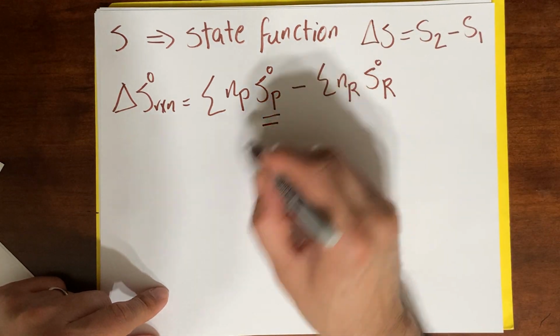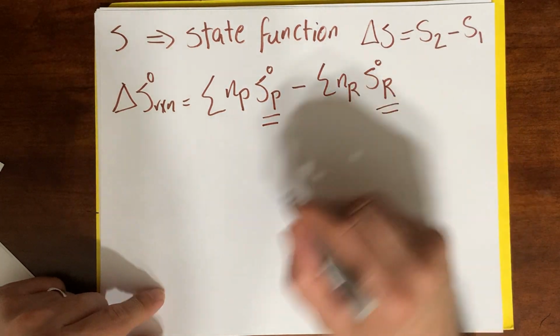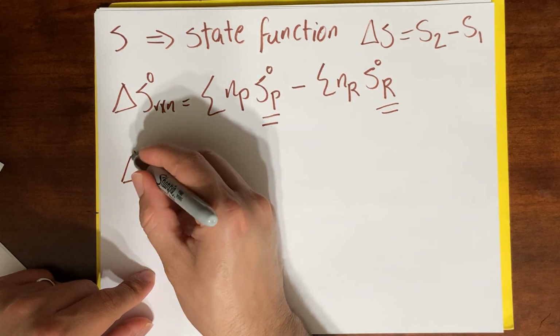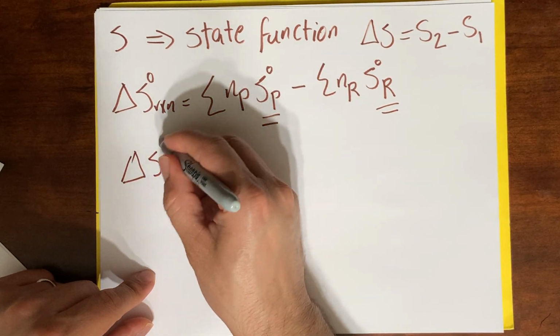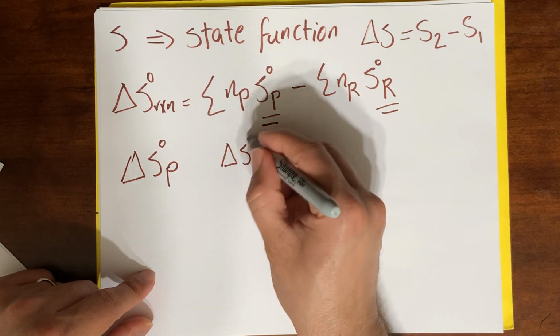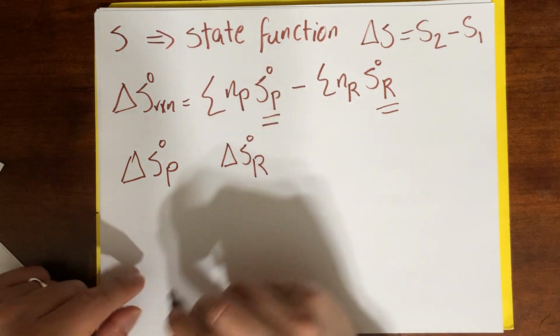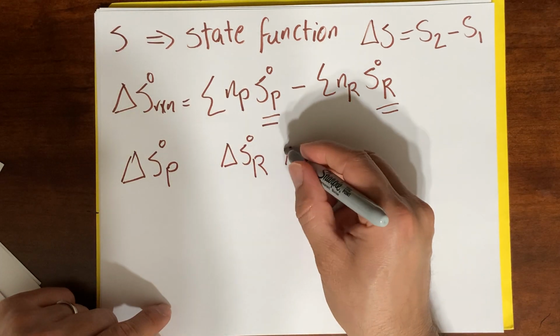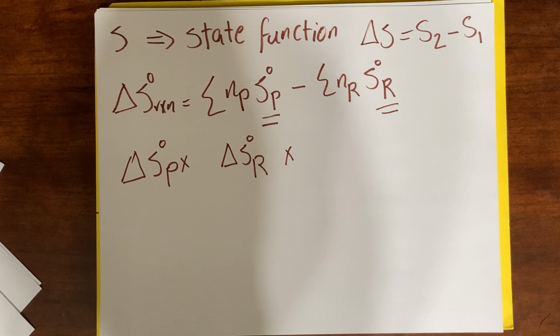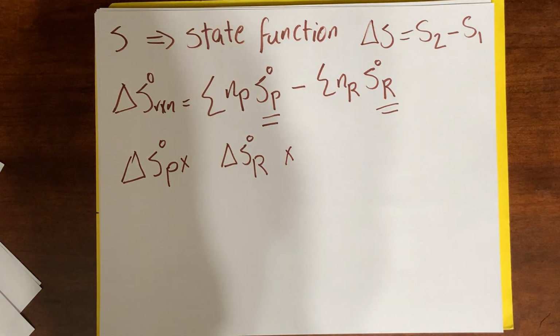Please look at S of product and S of reactant. I did not say change in entropy of reactant or product. I did not use those two. What's the reason behind that?